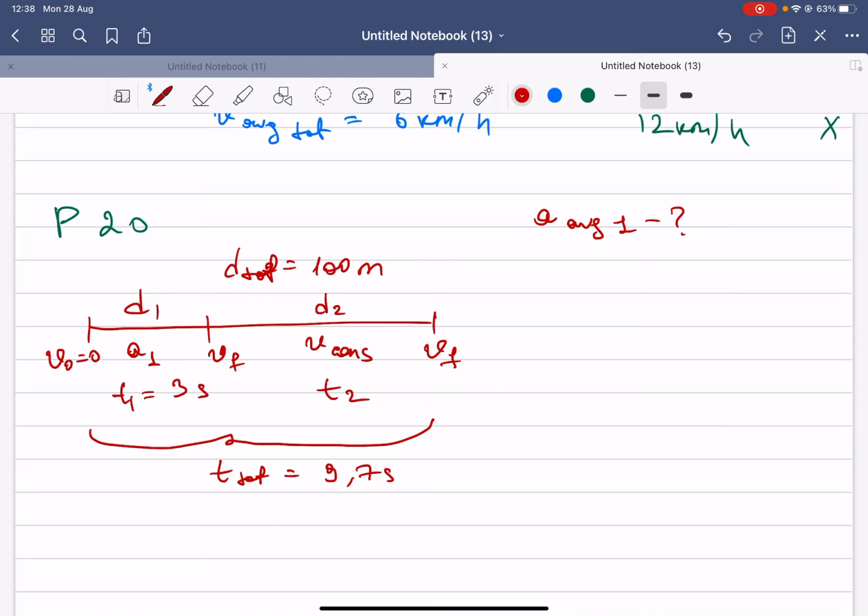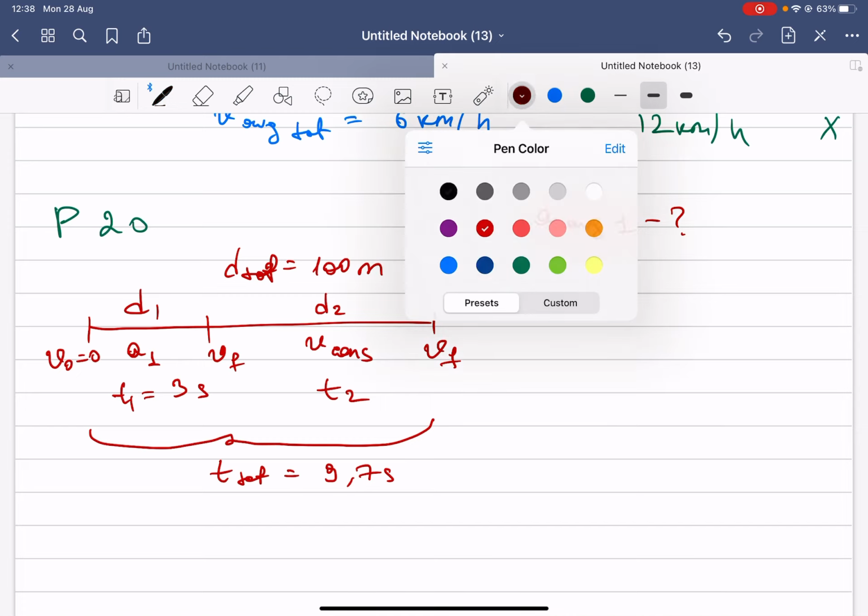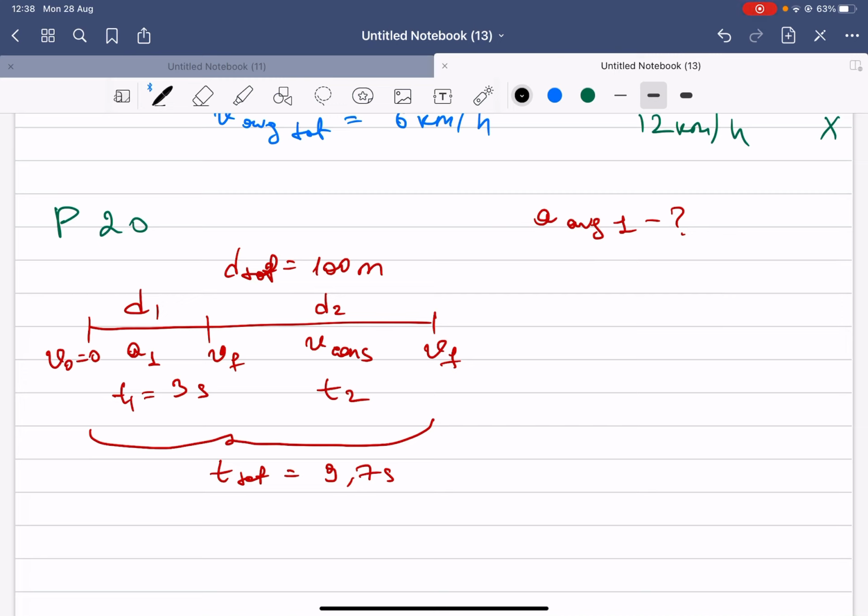Let's divide this into a couple of parts. The first part, let's consider d1. In general, when we have acceleration, the formula is d1 equals v initial times time 1 plus a1 t1 squared divided by 2, correct? Since it started from rest, v initial is equal to 0.